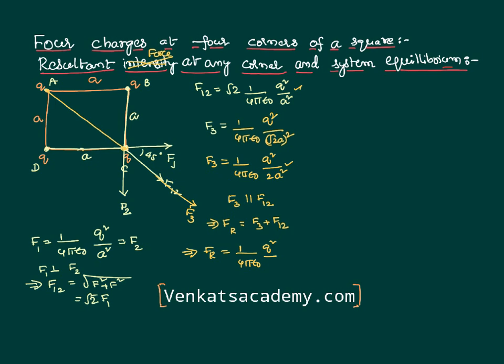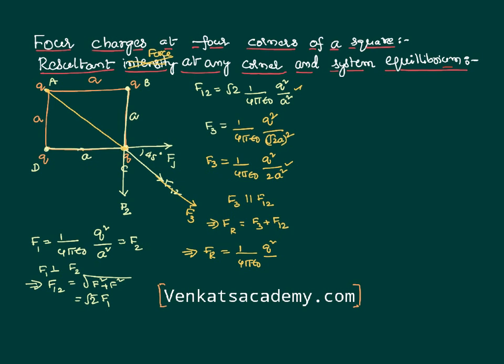To keep the system in equilibrium, what is my question is, what charge has to be placed at the cross section of the diagonals? At the cross section of the 2 diagonals.